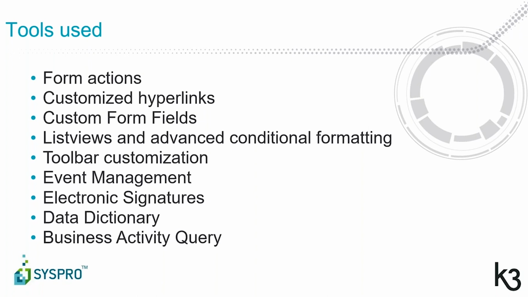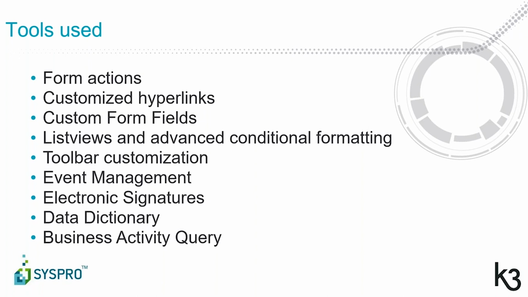Custom form fields are a staple within SYSPRO itself. It's about saying, I actually want to add more information and capture more information than SYSPRO out of the box allows me to. The conditional formatting that we have within list views itself, and the ability to bubble up and highlight certain things. As we know, eyes get drawn to colors and things that are different from the others.